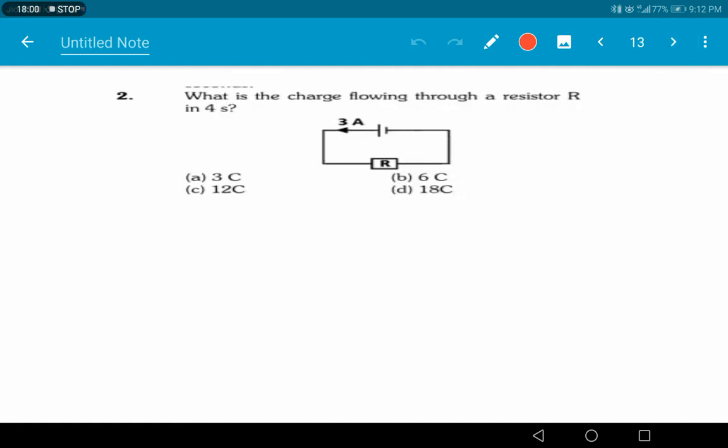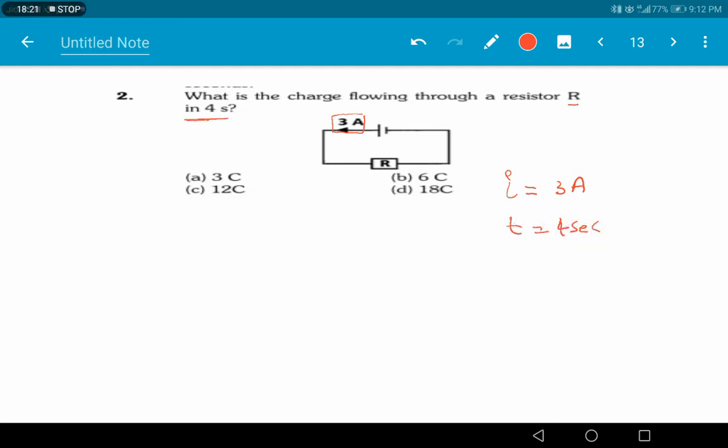What is the charge flowing through the resistor R in 4 seconds? So the current is given. Current I is given as 3 ampere, and the time is 4 seconds.